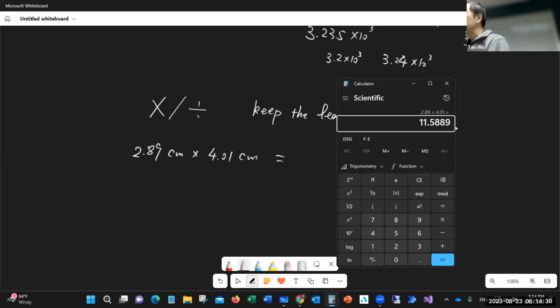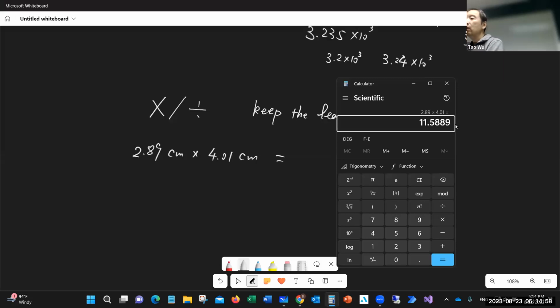But to be honest, this number is not accurate, because both of our given numbers have only 2 decimals. So generally, you shouldn't have 4 decimals. You only have accuracy in the 2 decimals, and then you got a result that is accurate to 4 decimals. Doesn't make sense, right?